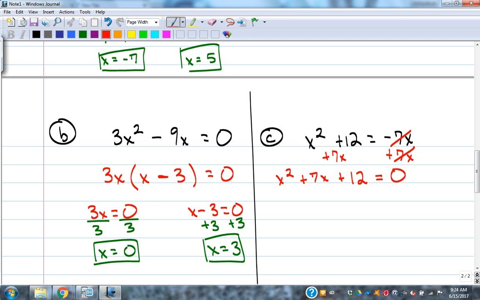I've got it in descending order, and I've got it equal to 0, which is the first thing we need to do. So I look for a GCF. There's not one. There's 3 terms though, so I'm going to do the x method. Multiply to be 12 and add to be 7.